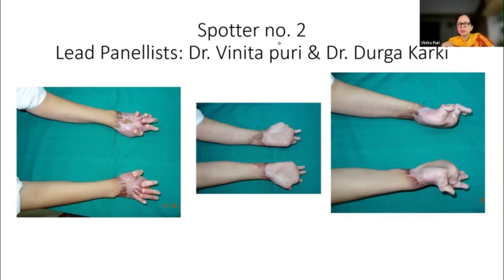You cannot examine this patient right now, but at least you should be able to tell what you want to examine. Ma'am, we would examine the active and passive range of movement of all the joints, starting from wrist, MCP joints, PIP and DIP. The most important is to start with the attitude of the hand.